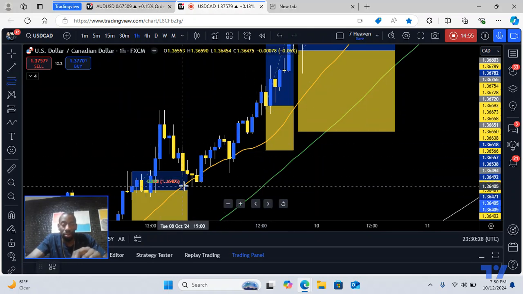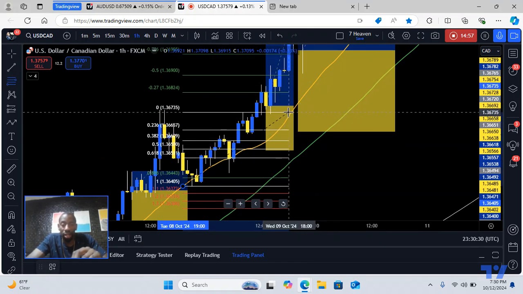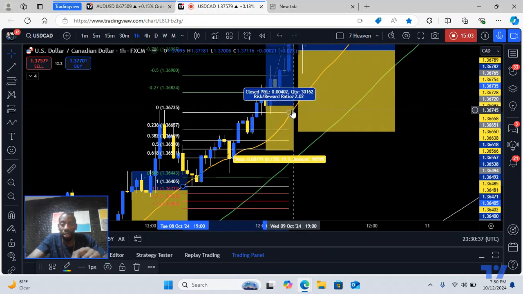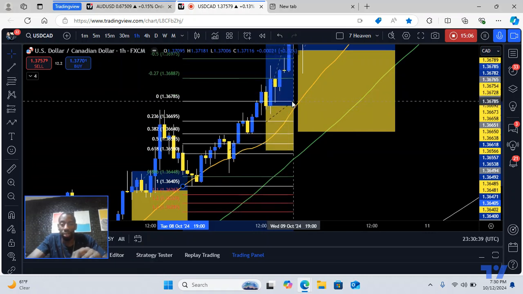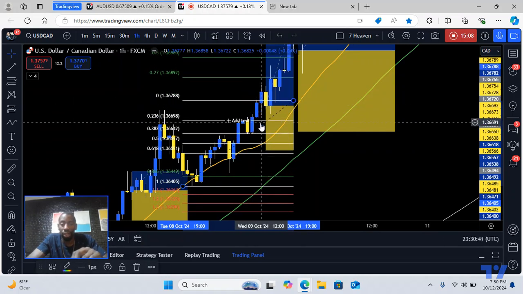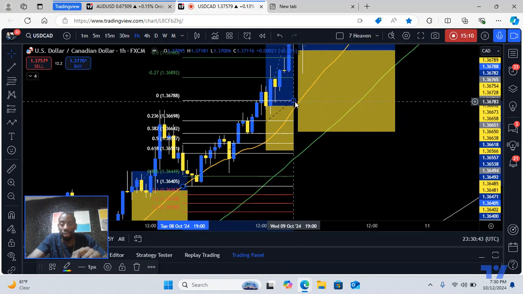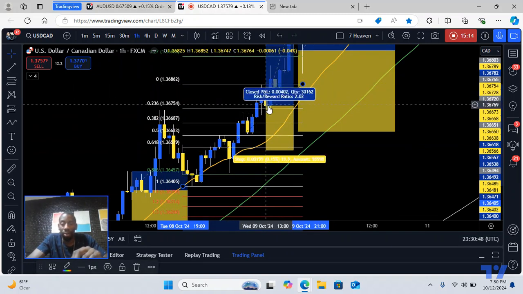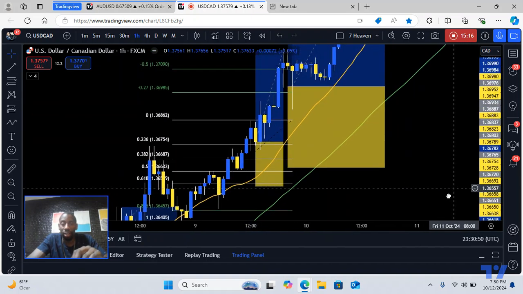So I'm going to put my point A, point B. After getting that continuation here, this is not point B. This is point B. We wait for that thing to finish, and then we did hit that negative 27. We're impulsing, and then this thing happened when it came down to here.